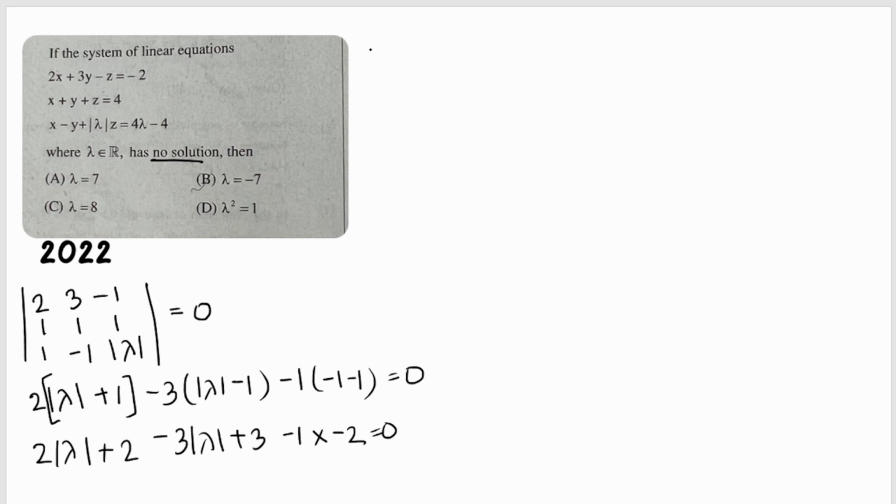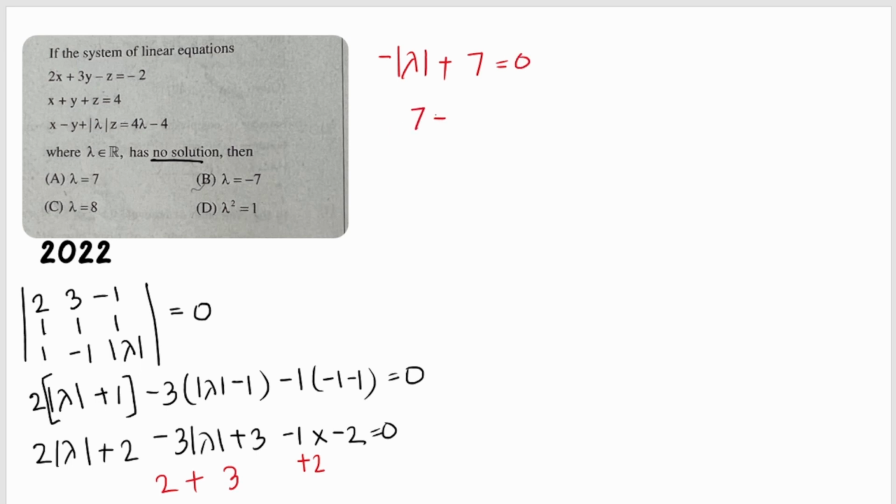On further solving, you will have 2 mod lambda minus 3 mod lambda, that is minus mod lambda, plus, then this will become plus 2, right? 2 plus 3 plus 2 is 7 equals 0.